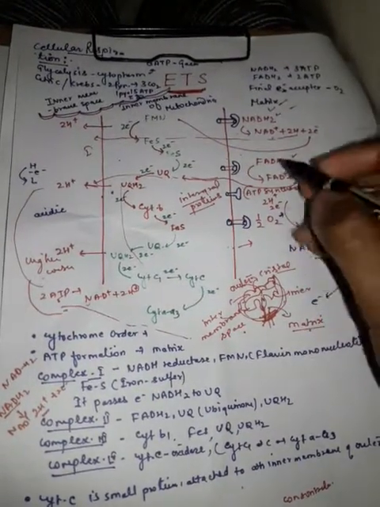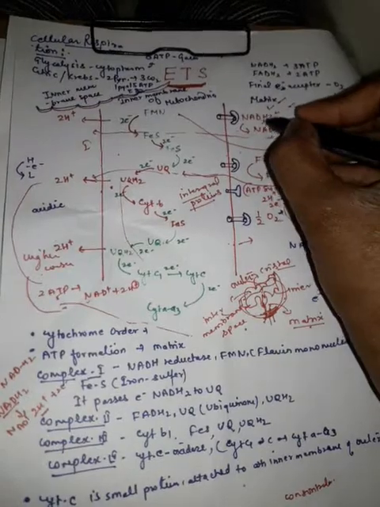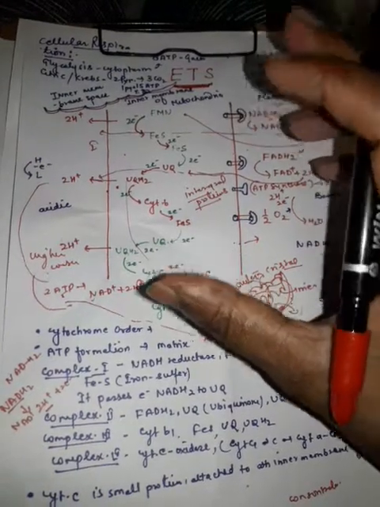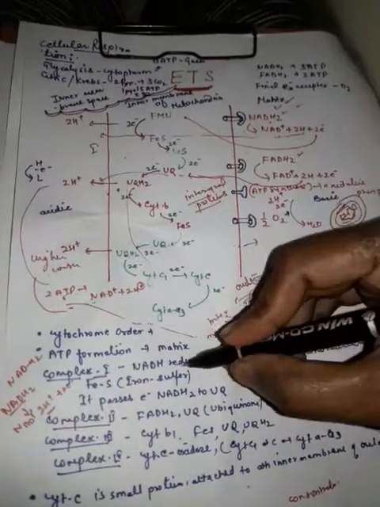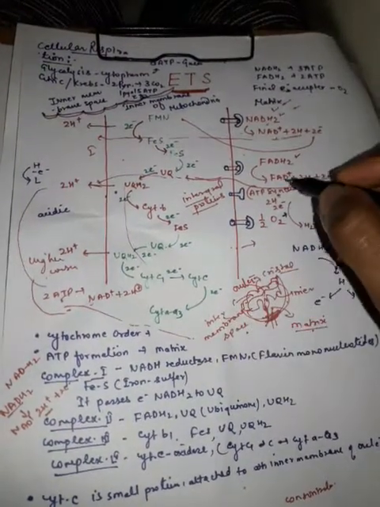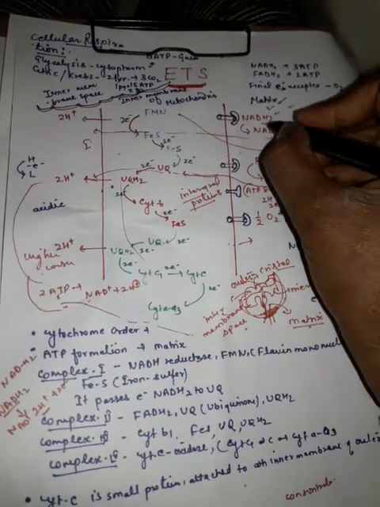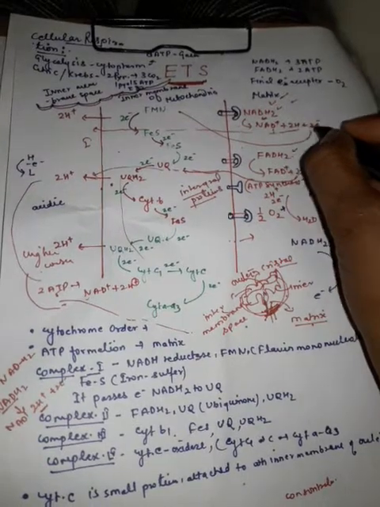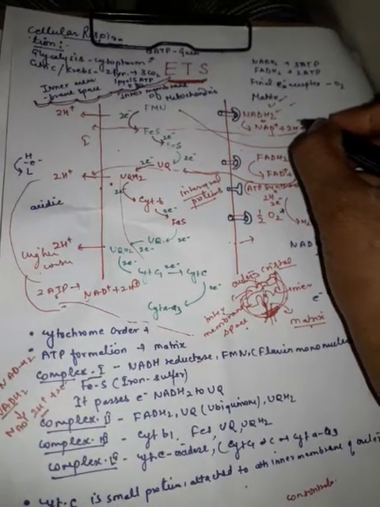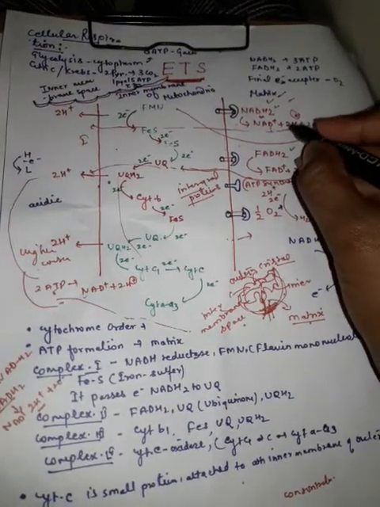So in this cycle, first of all you should remember that four complexes are involved here. The first complex is NADH reductase, which breaks down NADH2 to NAD plus 2 hydrogen and 2 electrons, okay. Some students cannot understand how it is formed, okay.